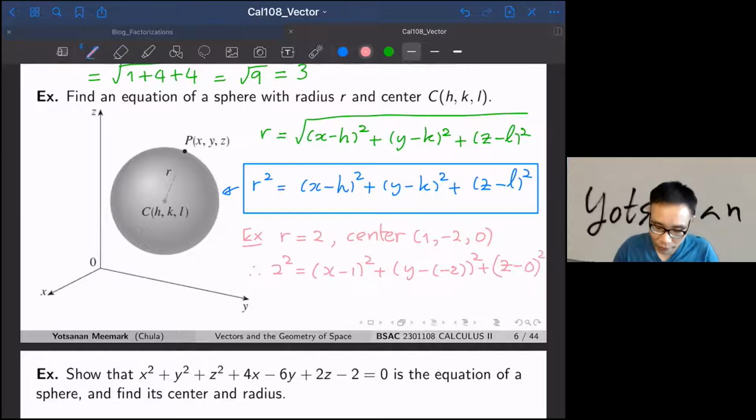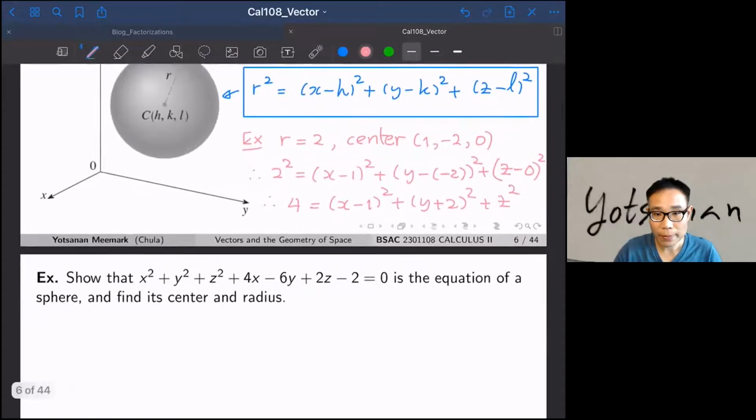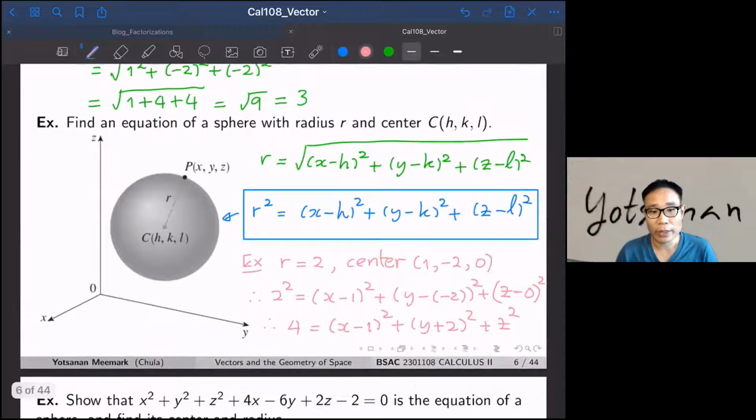Okay, so this gives you 4 equal to (x minus 1) squared plus (y plus 2) squared plus z squared. Okay, so this will be the equation of the sphere.